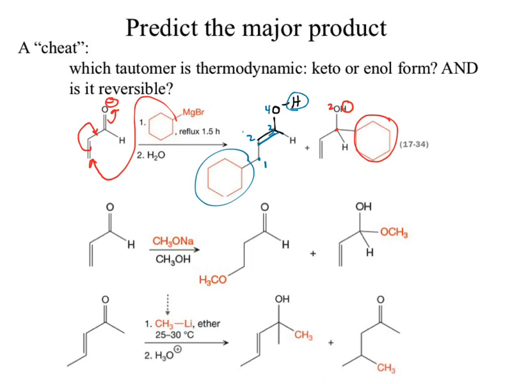That's a 1,4 addition. Why does it become harder for students to recognize the 1,4 addition? What functional group is that? That's an enol. And what do enols do? Tautomerize to the carbonyl, making it look like we did a 1,2 addition.